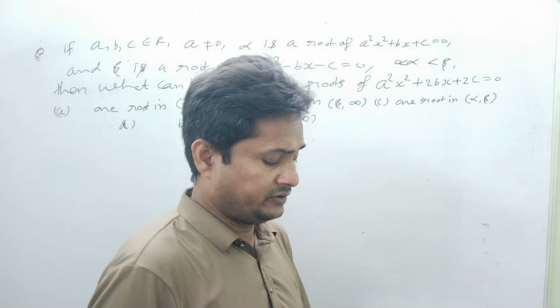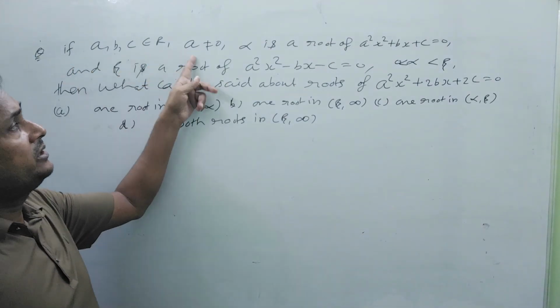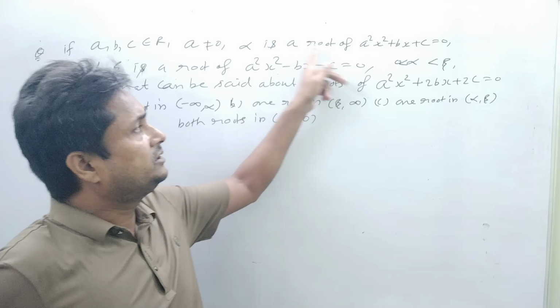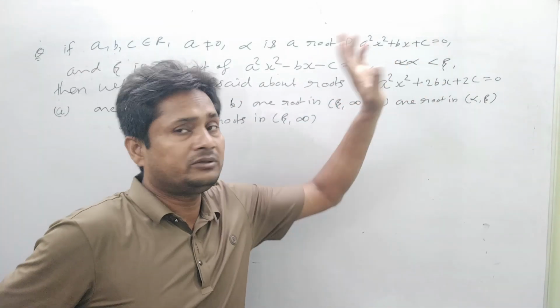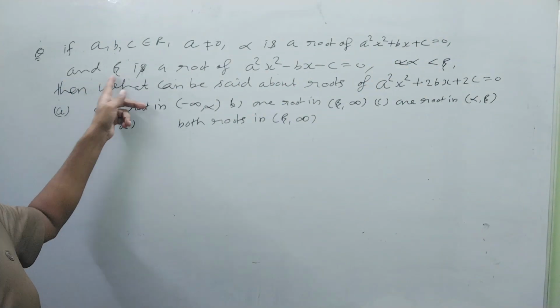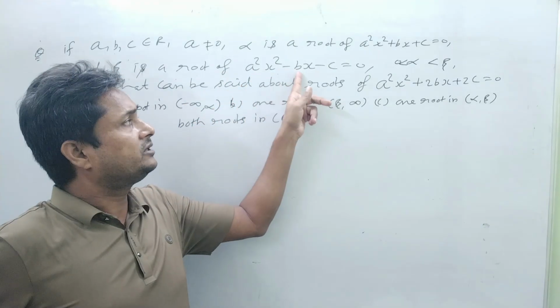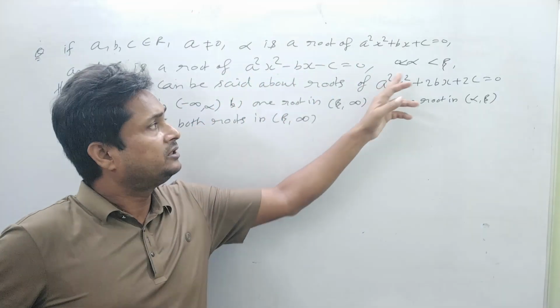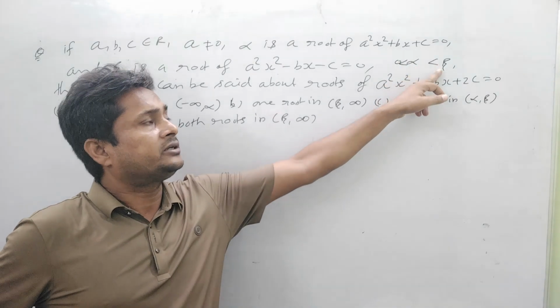This is the question given. What is the question? If a, b, c belong to real numbers, a does not equal 0, alpha is a root of the quadratic function a²x² + bx + c = 0, and beta is a root of another quadratic function a²x² − bx − c = 0. The condition is given: alpha is greater than 0 but less than beta.